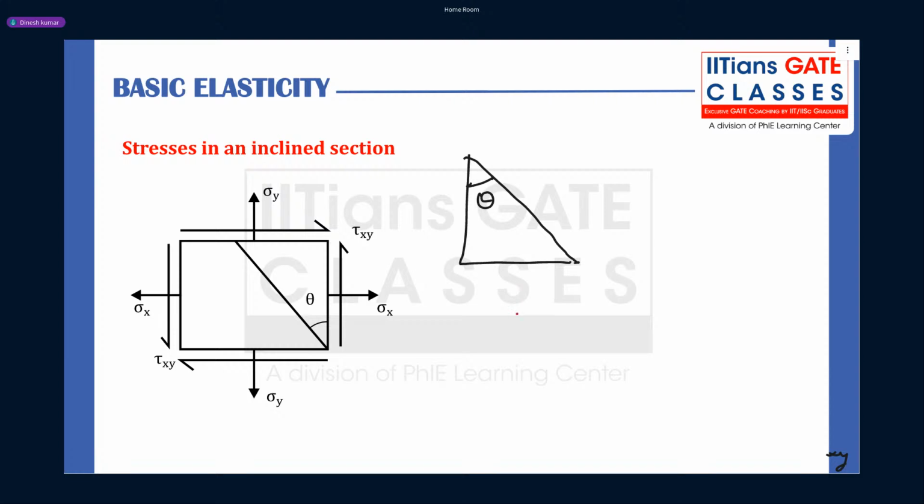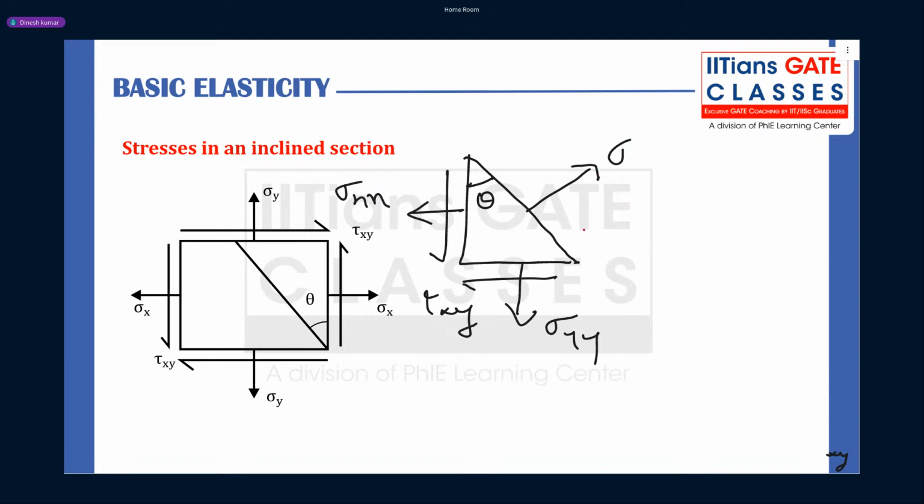Here you already know this is sigma YY and this is sigma XX. Then you have the corresponding tau XY or sigma XY. Then they ask for the unknown stress, this sigma, and the corresponding tau. Everybody knows this, right? Whoever has learned strength of material.